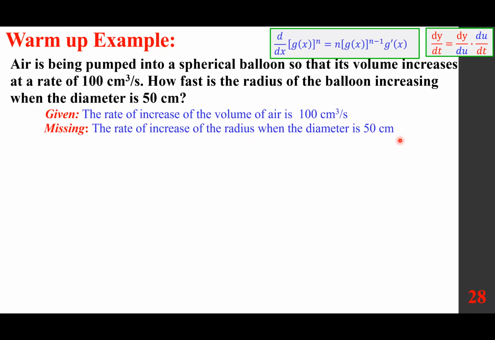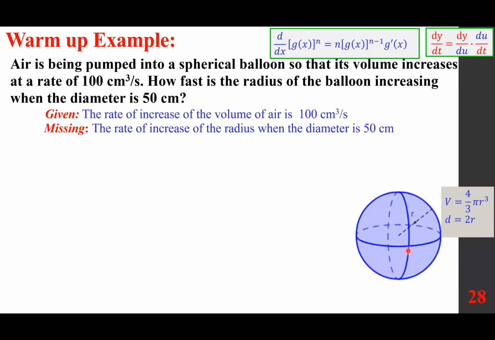Now we want to translate this, and we are fine. How do we translate this? First and foremost, the volume of a sphere has a formula of 4/3 pi r cubed. We should know that. It's a piece of information from algebra, geometry, you name it. And the relationship between a radius and diameter is that the radius is half the diameter.